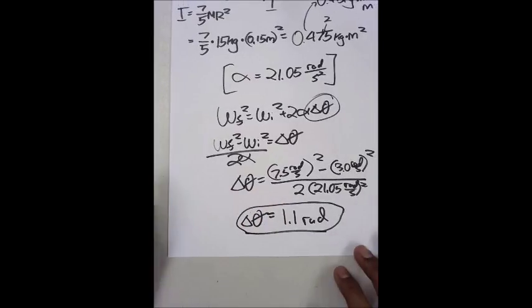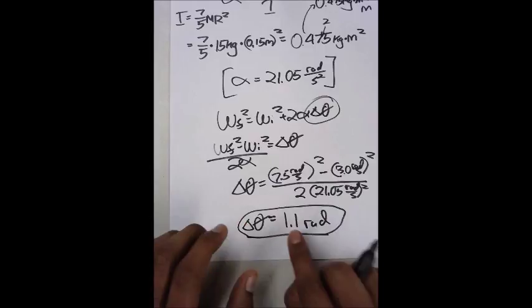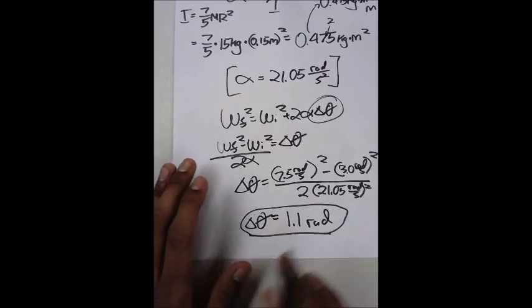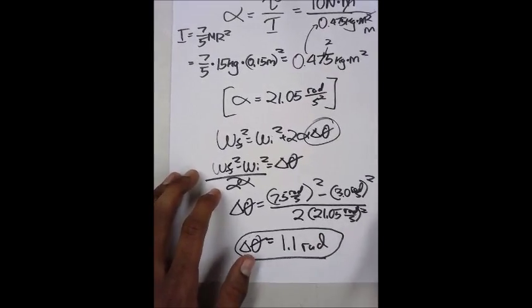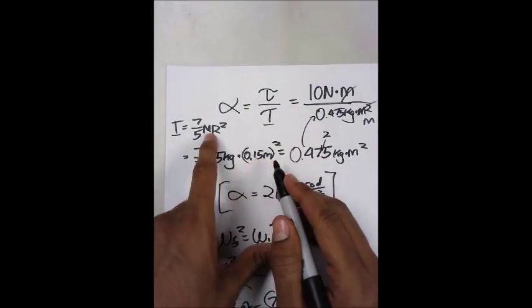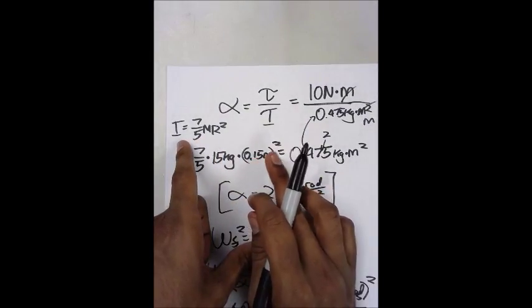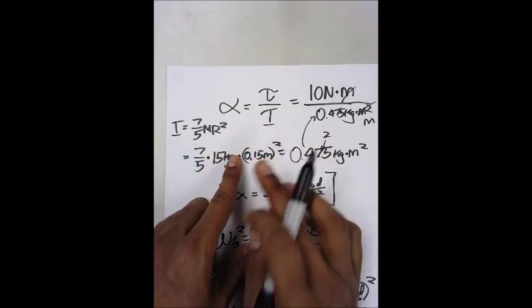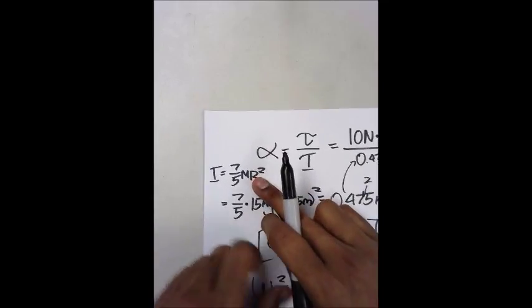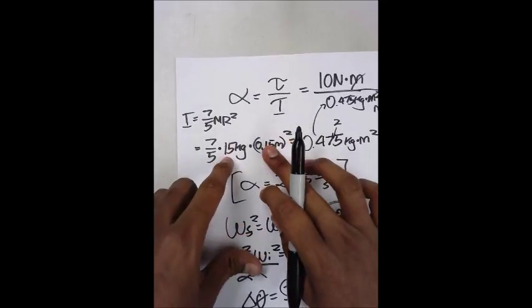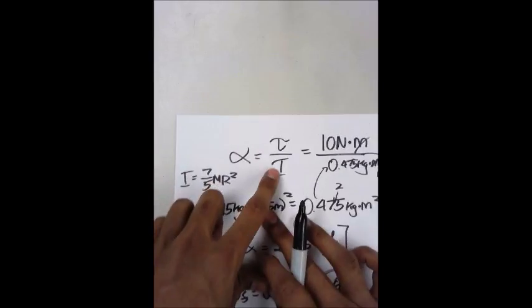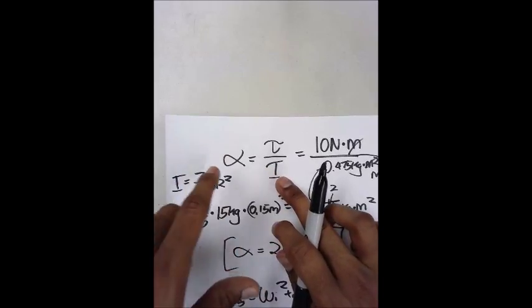Now the question is, if the sphere's radius was 10 centimeters, would that angle increase or decrease? To do this, let's look back and see where we actually used a radius. Over here, in order to figure out moment of inertia, if we had a smaller radius, we would have a smaller moment of inertia, right? Because as radius increases, the moment of inertia increases. If you have a smaller moment of inertia, you have more acceleration.